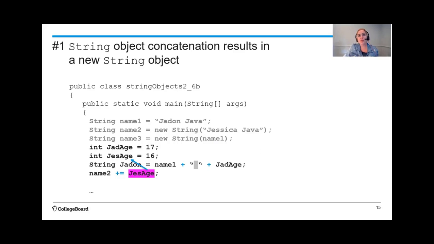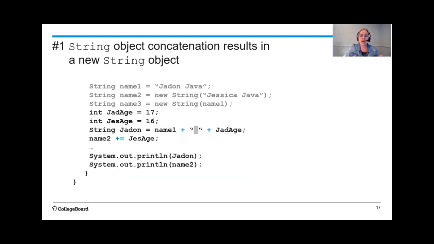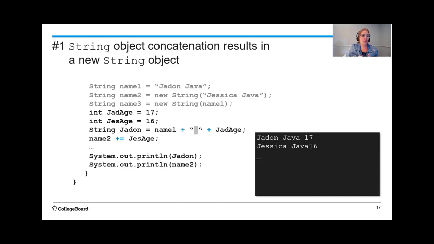I can't grab the space bar in this example. When I use that operator, I don't have the capability to do what I did with Jaden. So you're going to notice in the output, when I print out jaden and print out name2, which I've redefined, the output looks quite different. Jessica's doesn't look as appealing to the eye, but it has the same information.